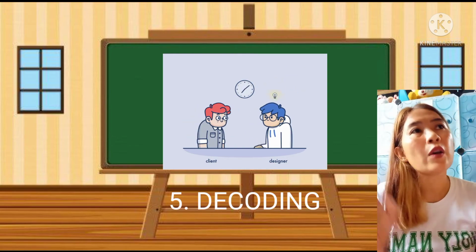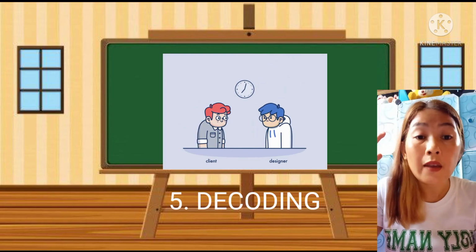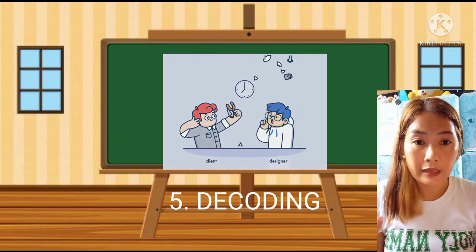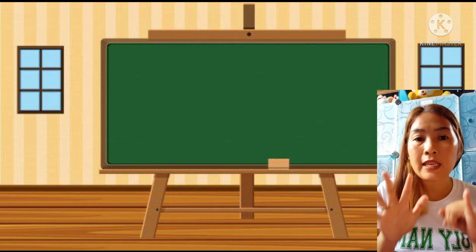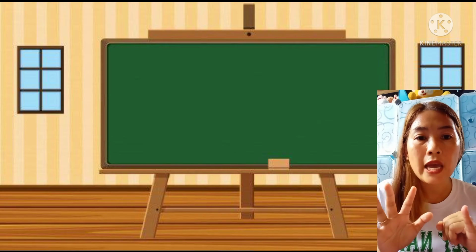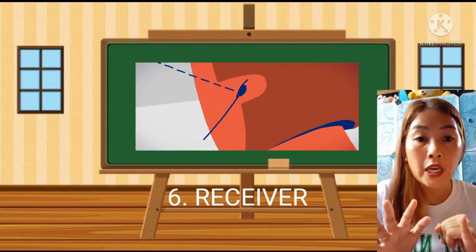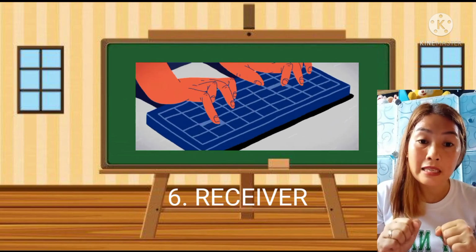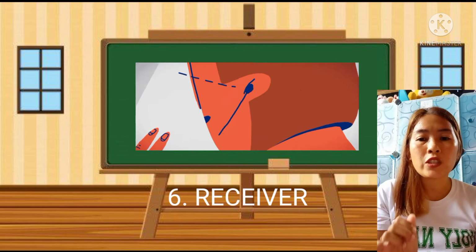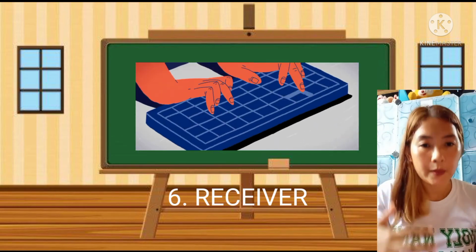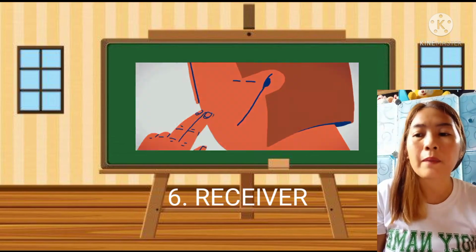So, that part where naghuna-huna ang receiver is already decoding. The sixth element class, ang ikaunom, is the receiver, of course. Walay mahitabo nga speaker kung walay receiver. The recipient of the message or someone who decodes the message. No need to further explain.